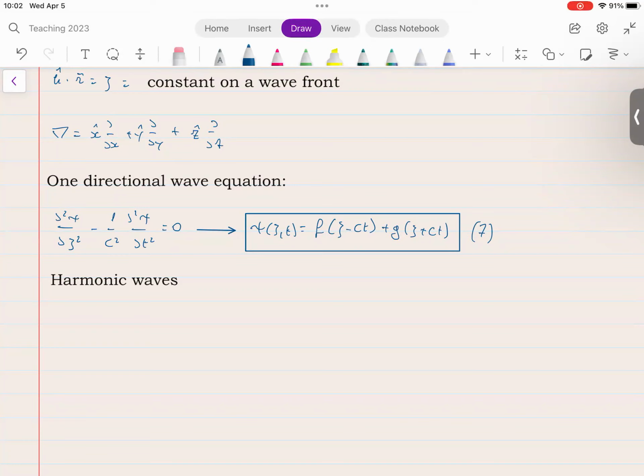One possibility is to just pick a wave that is propagating in the positive zeta direction and write it as psi of zeta and t is equal to A, the amplitude, times the cosine of k, where k is now a scalar, times zeta minus c times t, which I can also write as A times cosine of k zeta minus omega t, where k times c gives me omega.